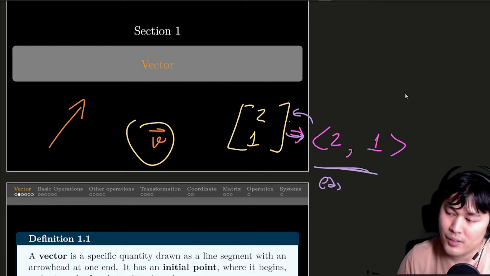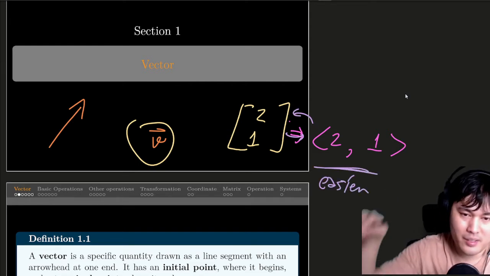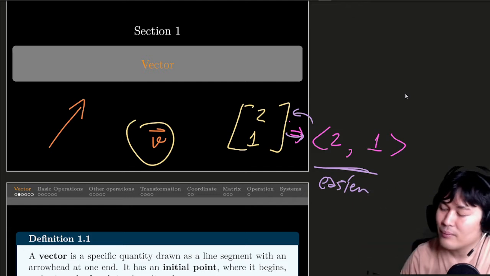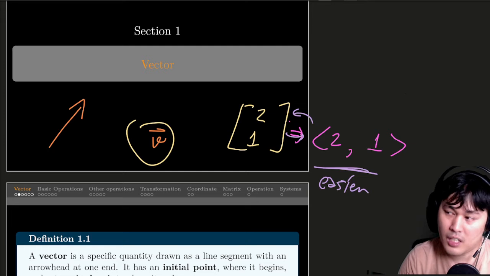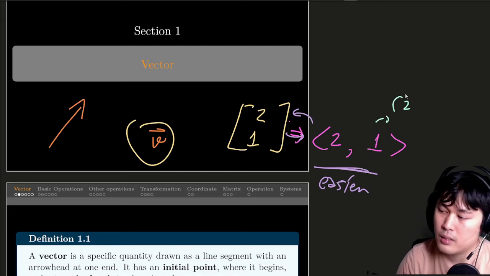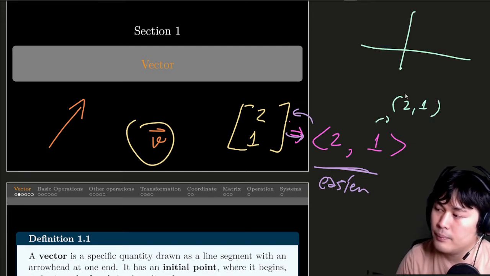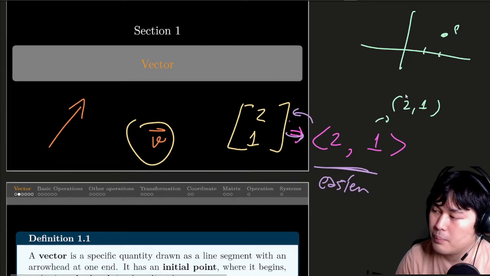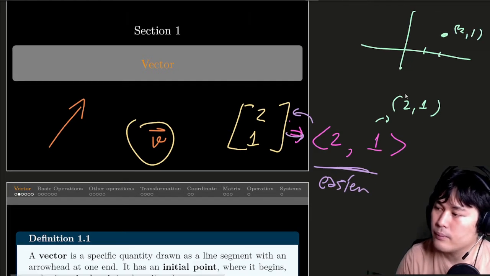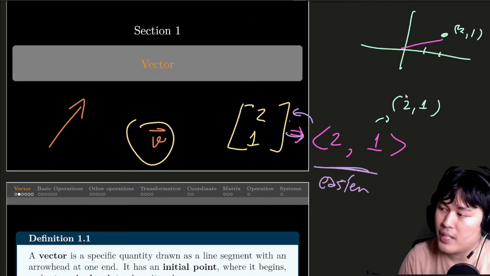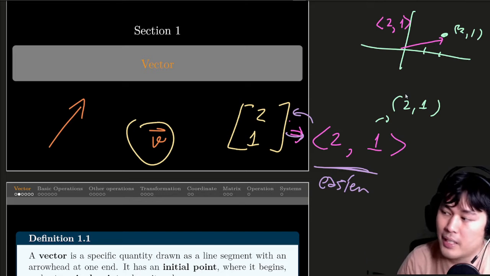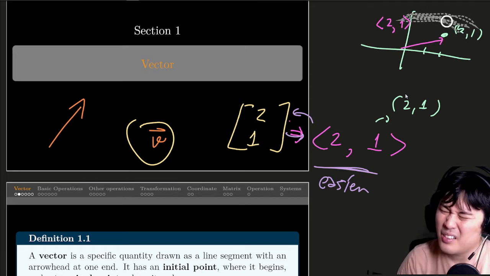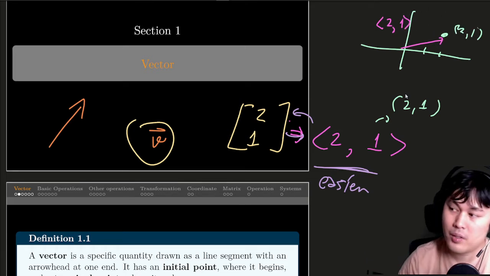This is easier to write because you can write it in line. And especially when you compare it with a point in the coordinate system, 2, 1, that's a point. So that's a vector. Then you get the same arrangement, the same form. They just look similar, so you can translate them back and forth.